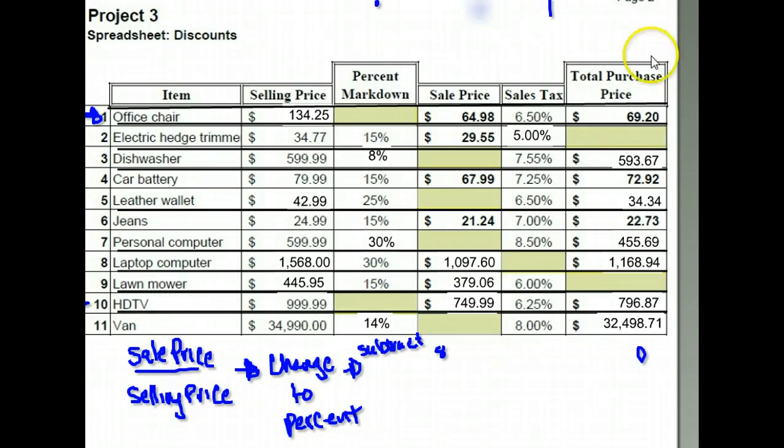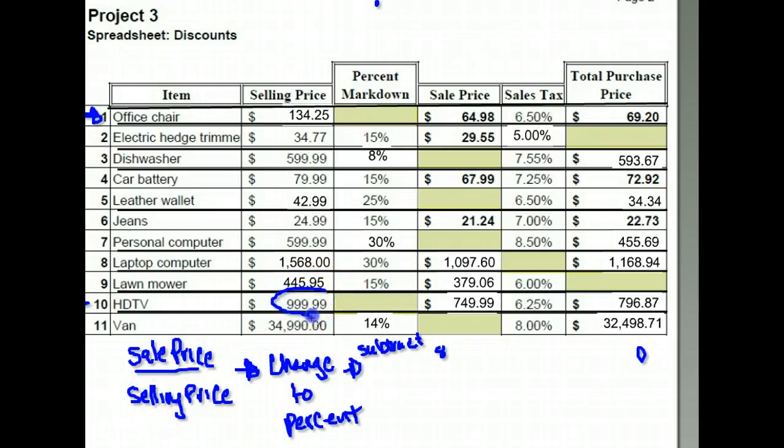Okay, so on row 10 we have the same issue. We are given the same information. We need to find the percent markdown. So let's follow our little formula that we came up with. We take the sale price divided by the selling price.